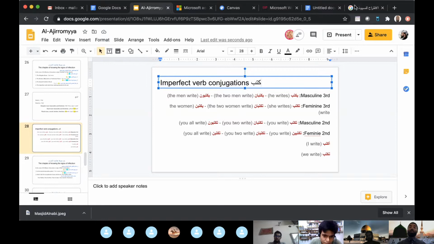And to make it imperfect, you have to add certain letters to the beginning of the verb, and those letters are anaitu. You see how many letters here?